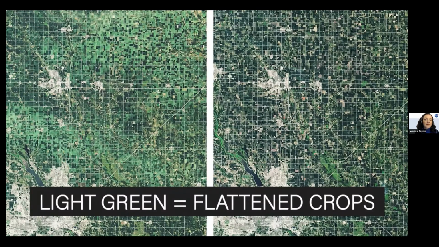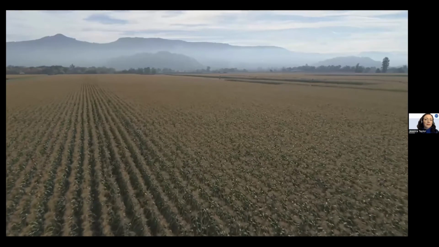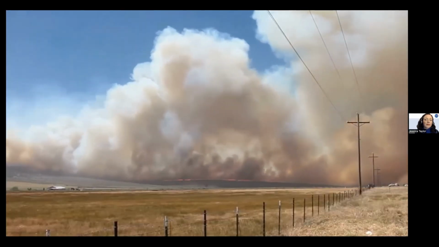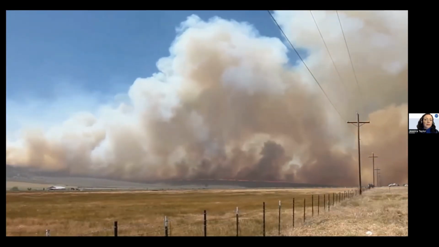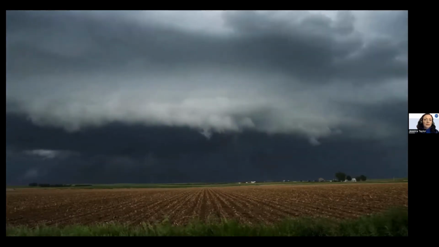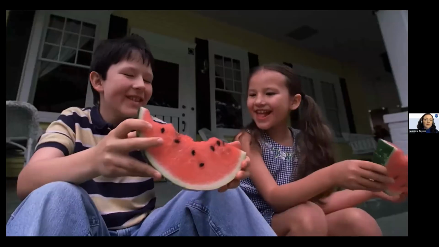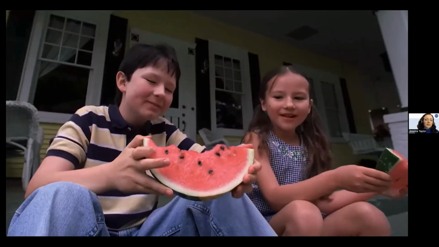Using Earth observation data for these types of damage estimates helps American and international markets prepare for potential commodity crop shortages. In the face of more extreme weather due to our changing climate, food security is one of the most important challenges of this century. NASA technology is helping keep our leaders informed, our markets stable, and our populations fed.